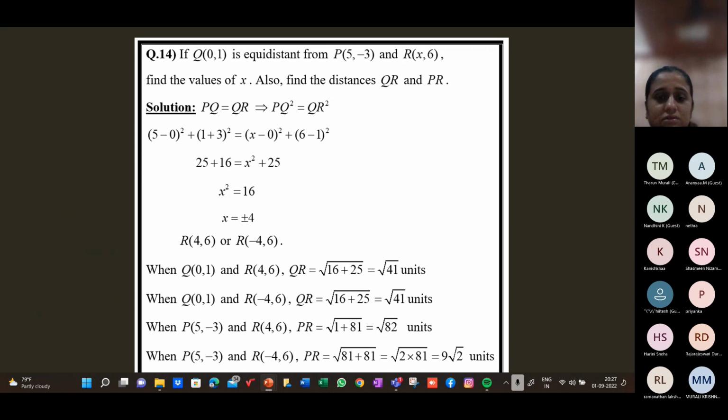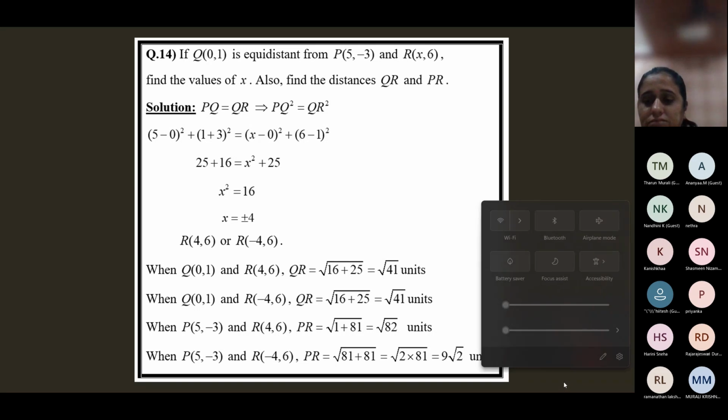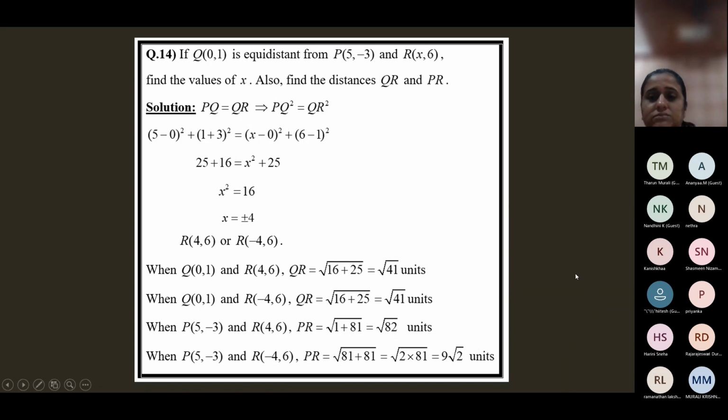So I was telling you, even if you add root 81 plus 81, you get square root of 162. Now you have to express it as a mixed surd.